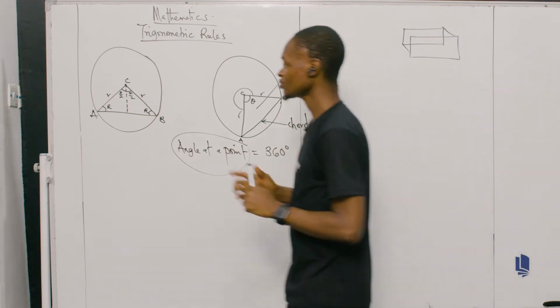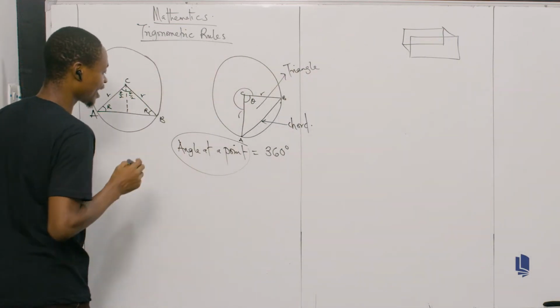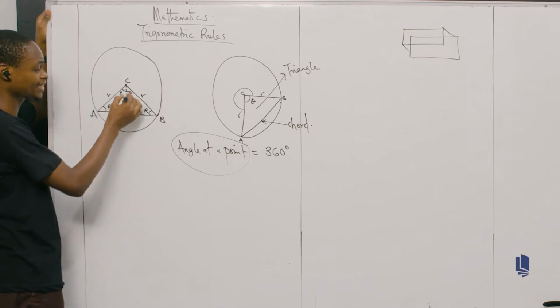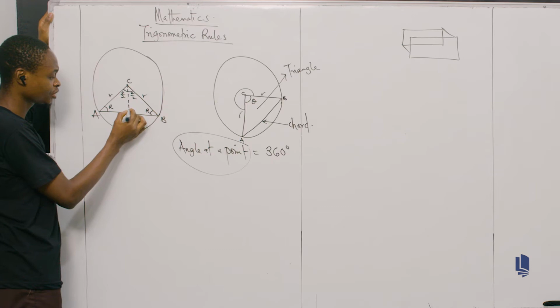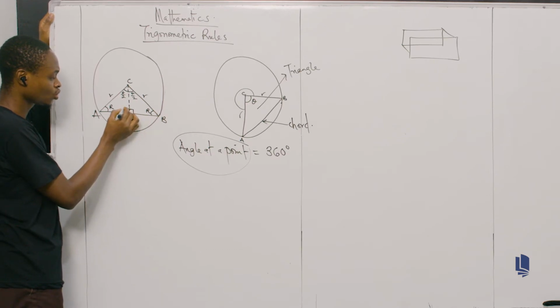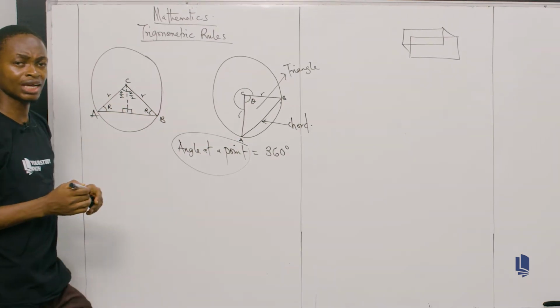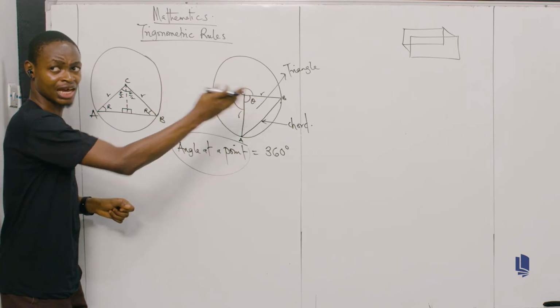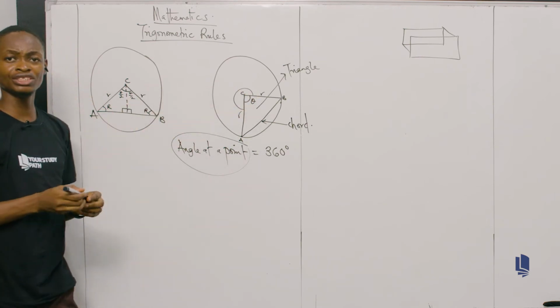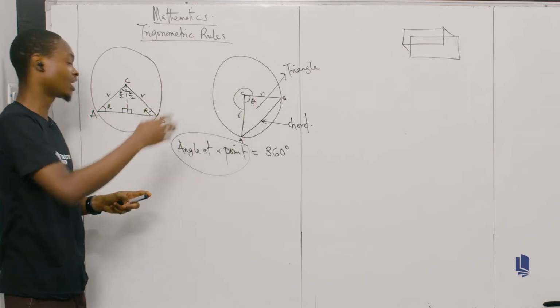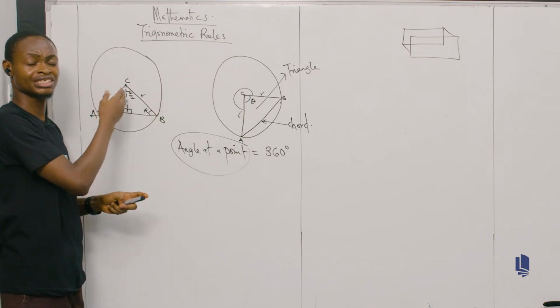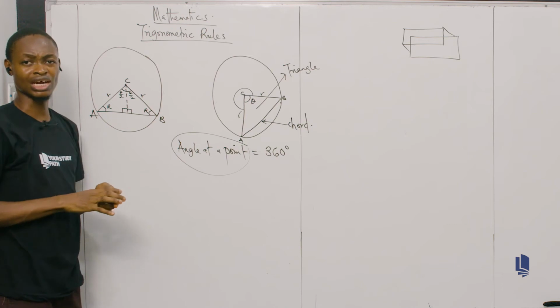Now, that is not the only characteristic that comes out. The moment you have bisected perpendicularly, we also notice that this angle here splits into two right angles. That is 90 degrees on this side, 90 degrees on this side. So now we have a first right angle triangle, and a second right angle triangle.